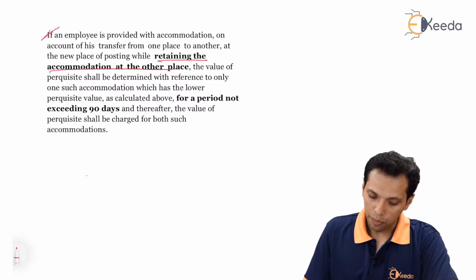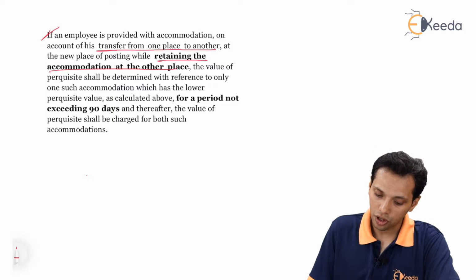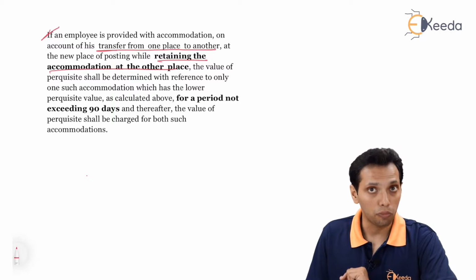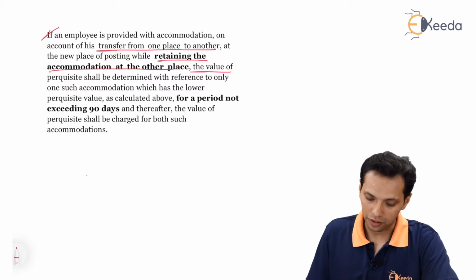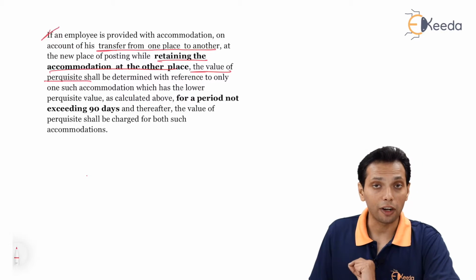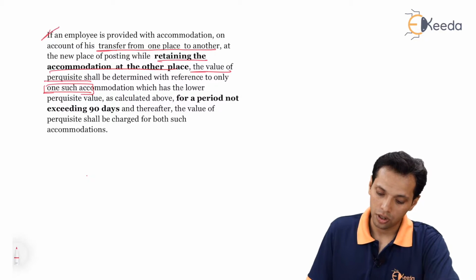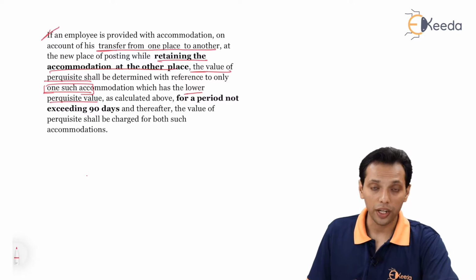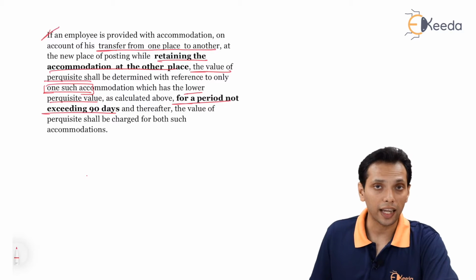On the screen: if an employee is provided with accommodation on account of his transfer from one place to another at the new place of posting while retaining the accommodation at the other place, the value of perquisite shall be determined with reference to only one such accommodation, which has the lower perquisite value as calculated above, for a period not exceeding 90 days.